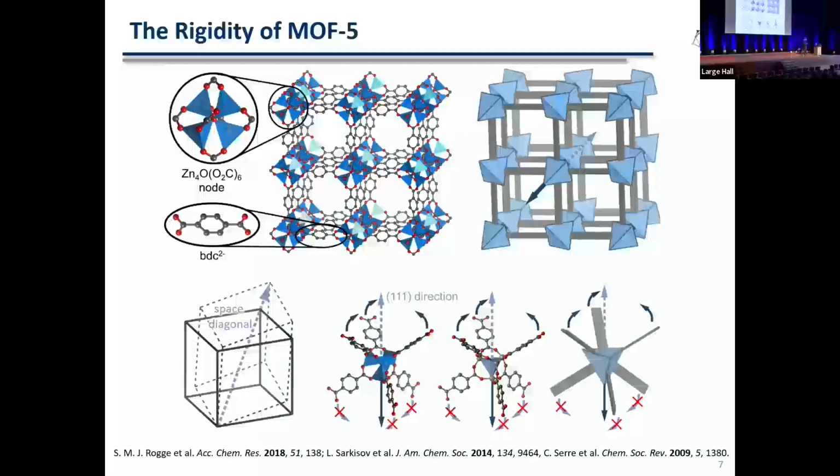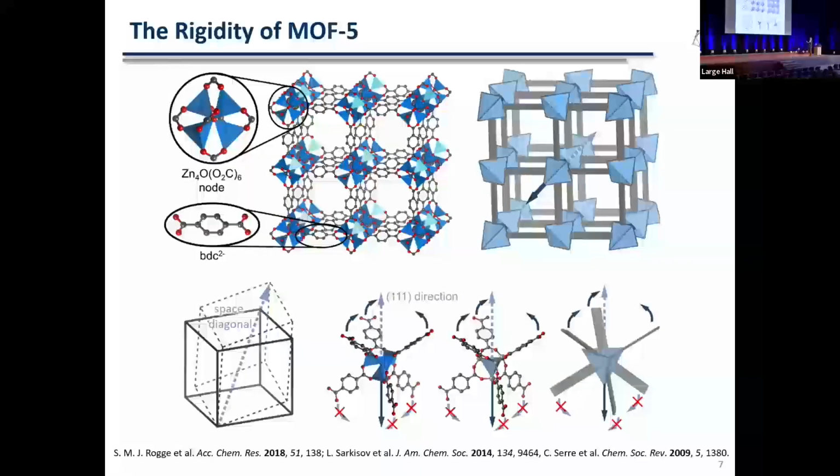And the reason is the inorganic building unit, because the orientation of these linkers is in a way that only half of the linkers connected to this building unit can do this hinging motion, and the other half cannot. The reason is they are oriented simply in the wrong way.